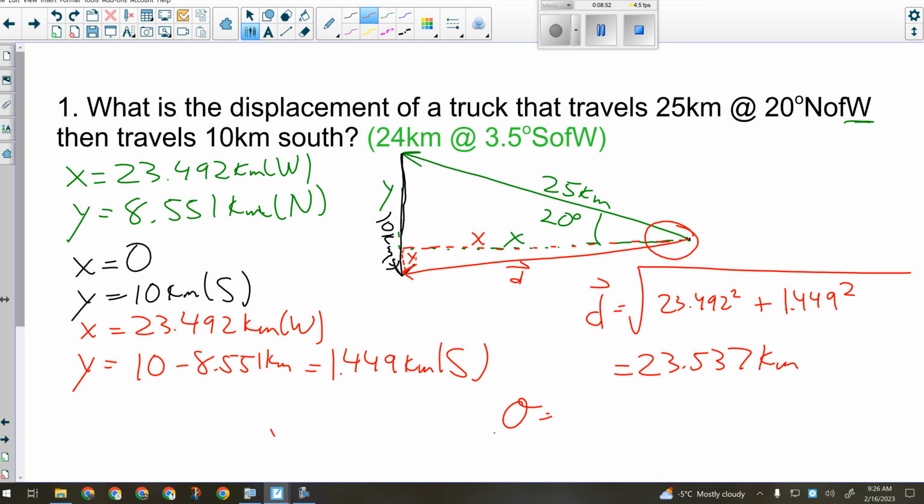Okay, so I'm going to find theta. I can use any trig function I want at this point, can't I? I calculated everything about that triangle, so I can use sine, tan, or cos to get this angle. But tan is my favorite, so I use it. Okay, so tan to the minus 1 of, for me, y over x. So 1.449 divided by 23.492. So opposite over adjacent.